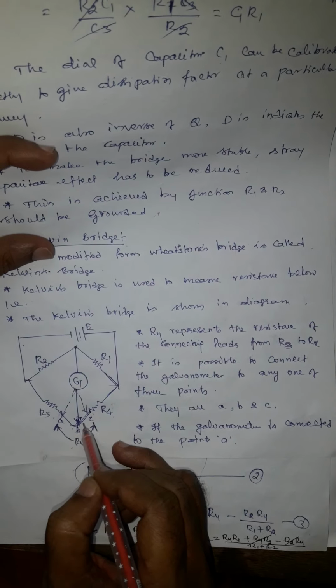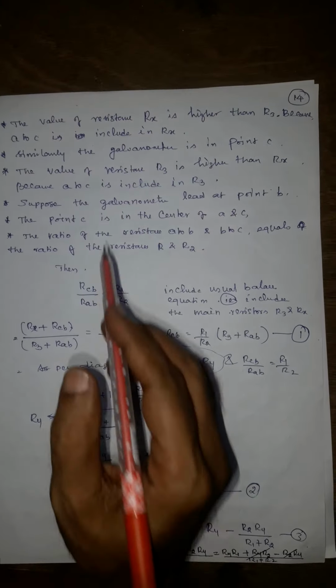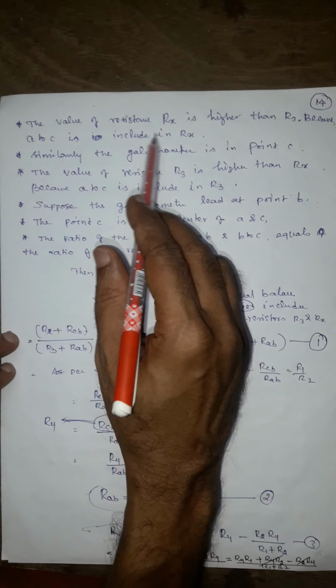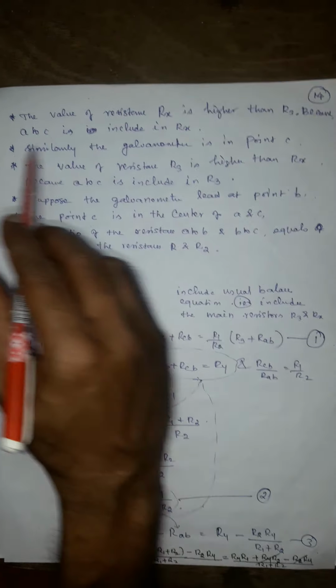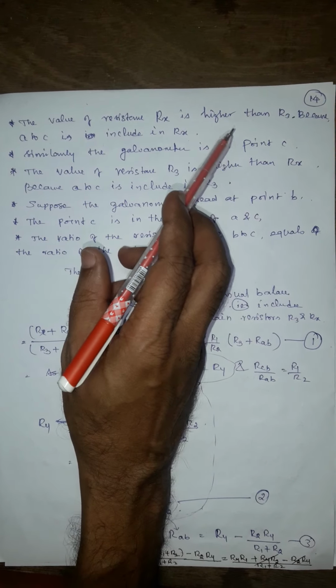So the R4 value is higher than R3. A to C is included in R4 or Rx, therefore this value is higher than R3. Similarly, suppose the galvanometer is connected at point C.